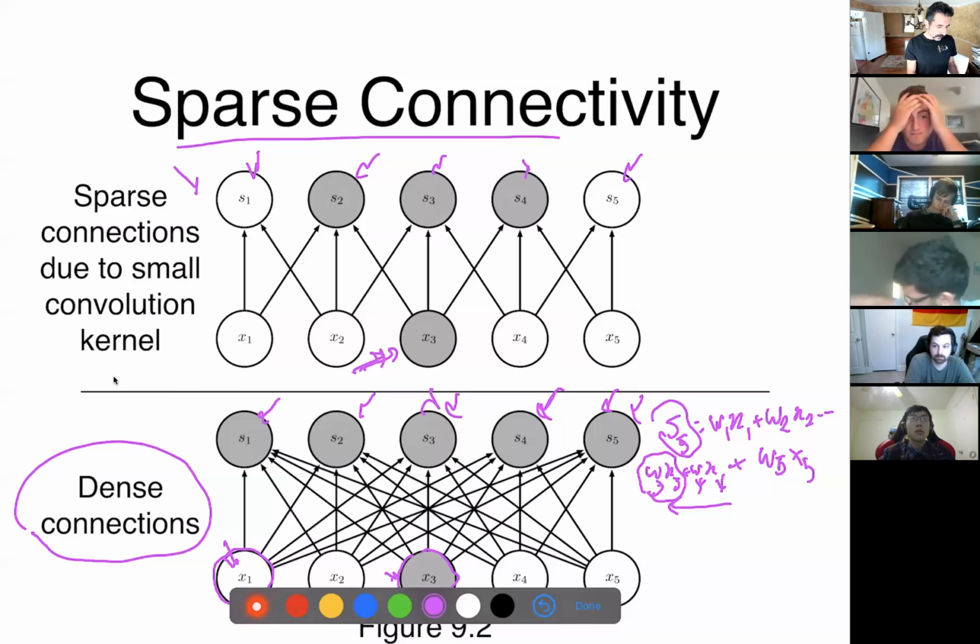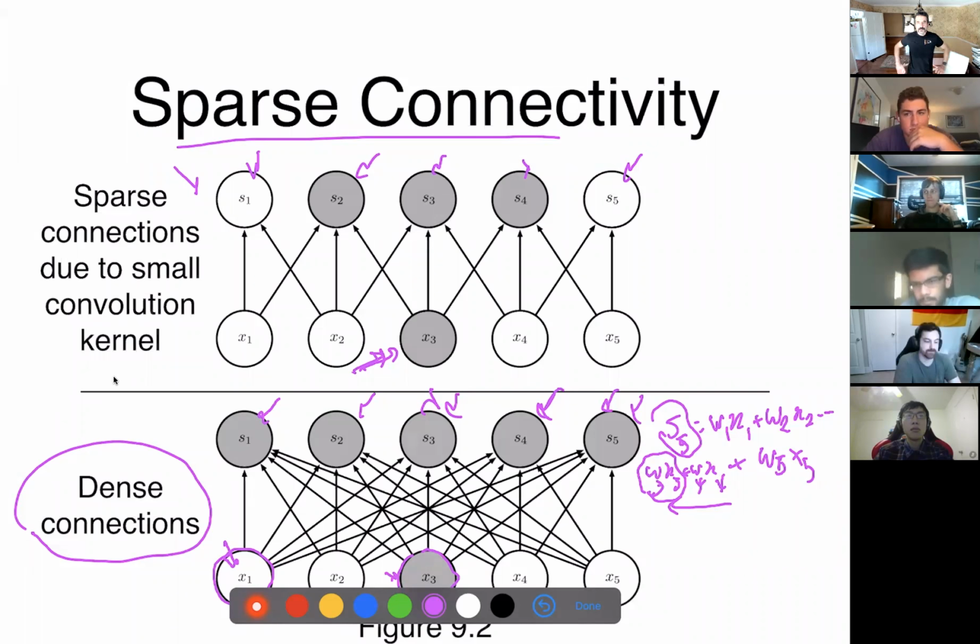The other concept is parameter sharing, and that's also important. In a traditional densely connected network, every parameter was different.